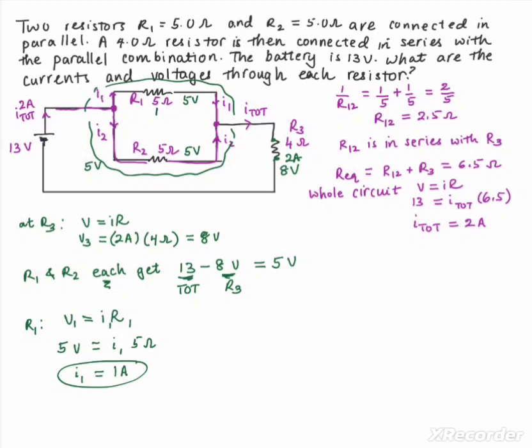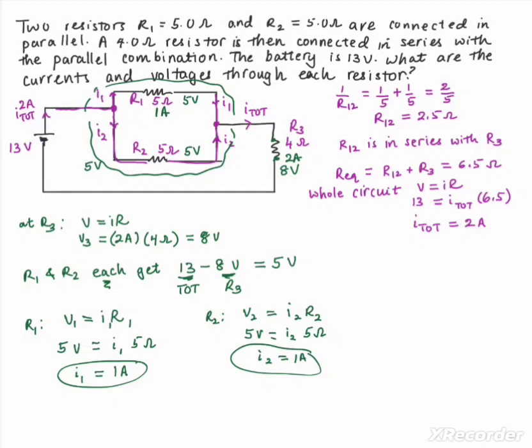So we have 1 amp here. Similarly, let's do R2. V equals IR. So V2 is 5, it's right here. I2 we don't know, and R2 is 5 ohms again. So I2 is also equal to 1 amp.